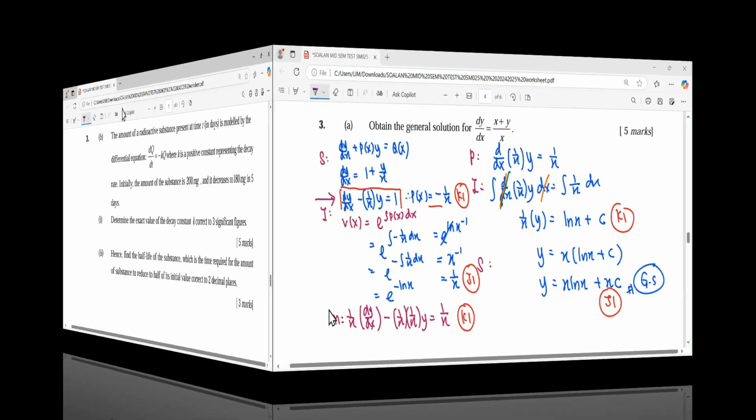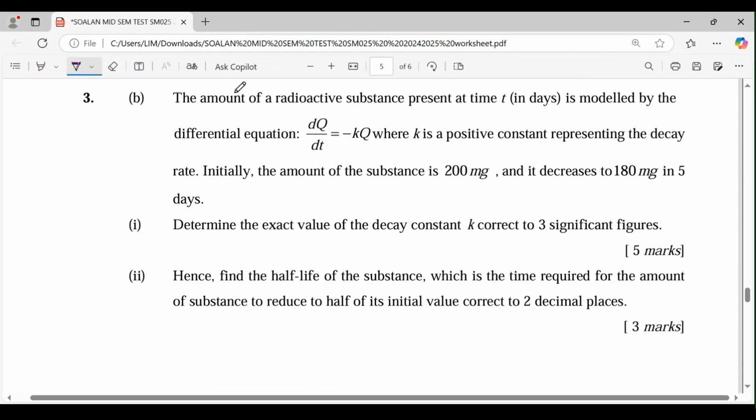Number 3b. So for the question 3b here, the amount of radioactive substance present at time t in days is modeled by the differential equation given here, dQ/dt equals to negative kQ. So what are your variables here? Your variables here will be your time and your quantity. So your quantity is the amount present at the time, where k is a positive constant representing the decay rate.